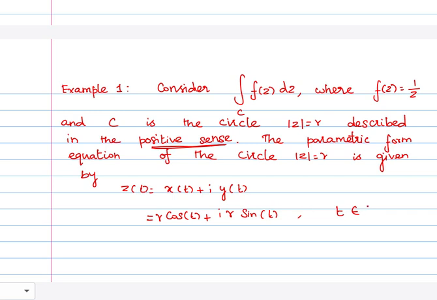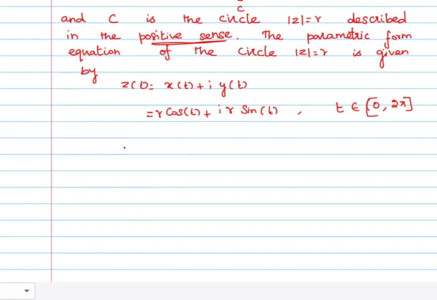It is a closed interval, the full circle. Then z of t is r times cos t plus I times sin t, and from the Euler formula, r times exponential of it, where t belongs to the closed interval 0 to 2 pi.